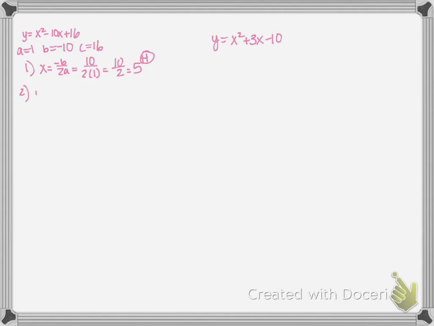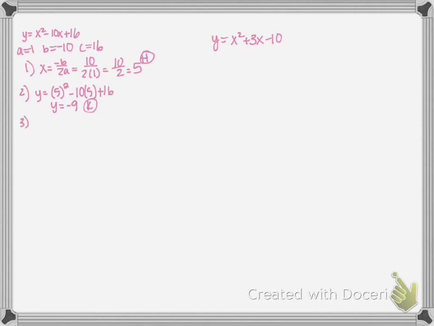Now we plug it into my equation to find my y. So I get y equals, I take out all my x's and plop in my 5. If I type that whole thing into my calculator, I get negative 9, and that represents my k value.